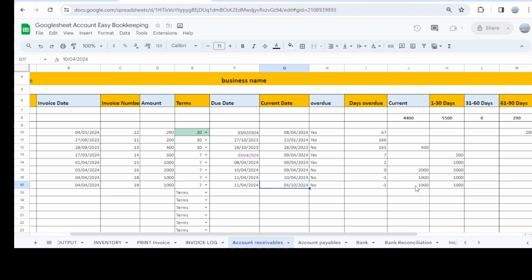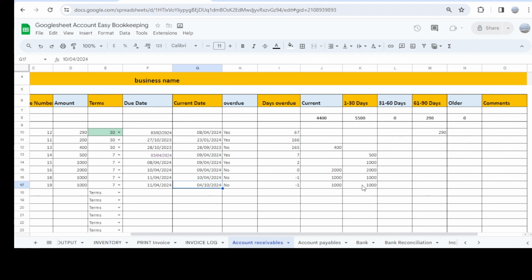After 1 day, if he has not paid, he automatically moves to 1 to 30 days. And if between 1 to 30 days he still has not made payment, he'll move to 31 to 60 days. And if between 31 to 60 days he still doesn't make payment, he'll automatically be updated under 61 to 90 days.